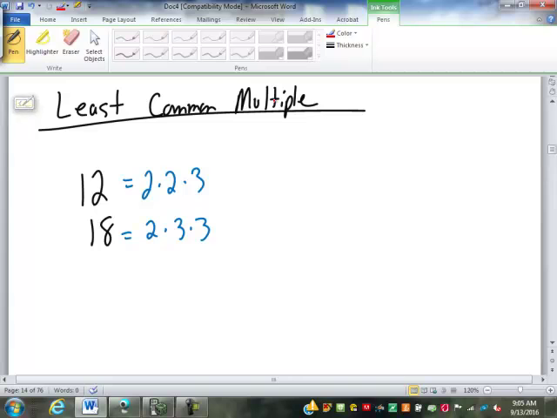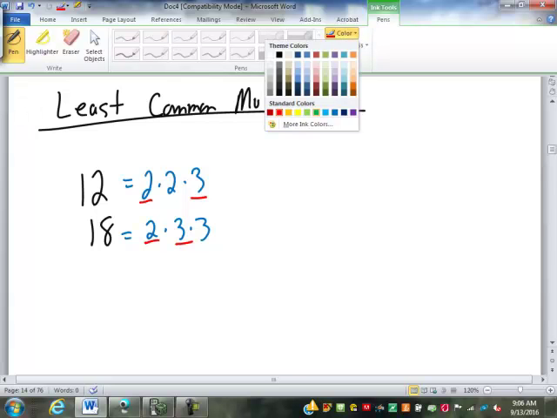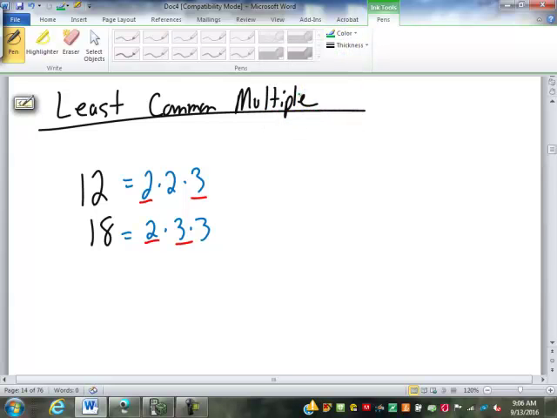And just like with our greatest common factor, we start out by looking at what they have in common. They each have a 2 and they each have a 3 in common. But now for least common multiple, we focus on what they don't have in common. This has a 2, doesn't it? We don't have one down here, so we need it down here. So I'm going to put a 2 down there.